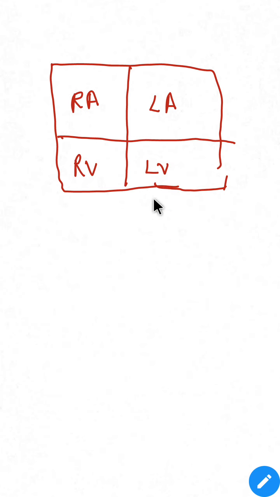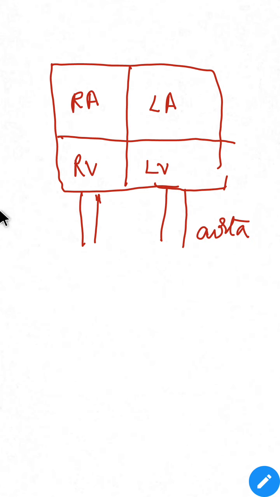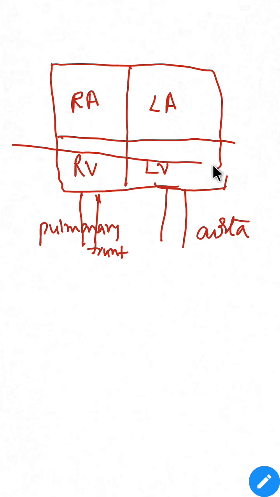From the right ventricle the pulmonary trunk arises, and from it the pulmonary arteries. From the left ventricle the aorta arises, right? The defects are only in these components.